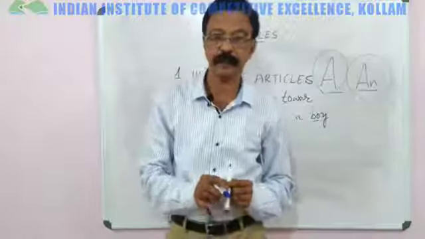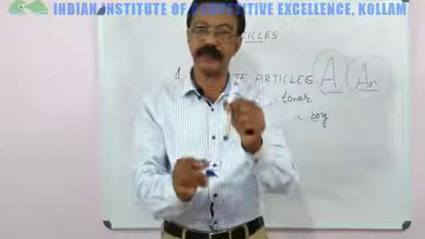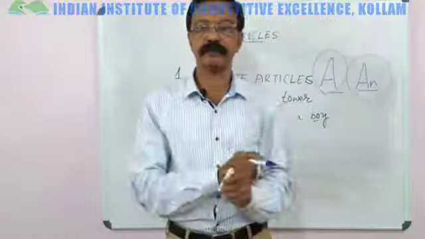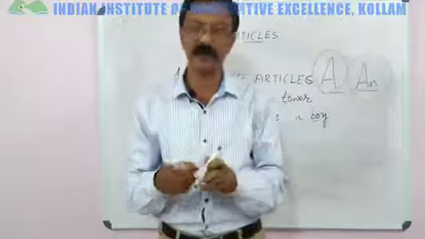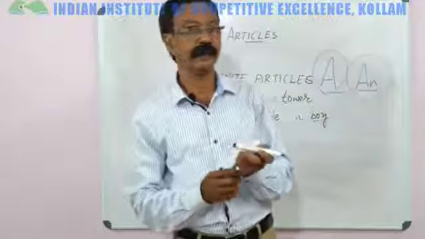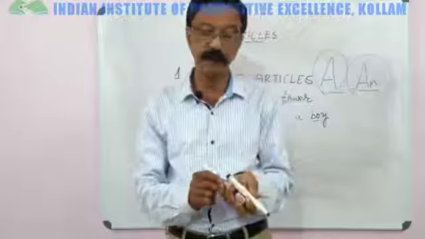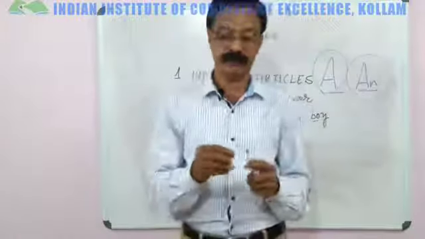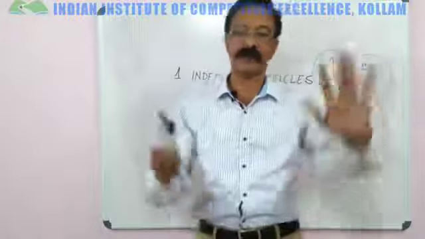I hope it is clear. And there is a confusion with some words. When you see some words, you may have a confusion whether it is starting with a vowel or with a consonant. Let us see that.